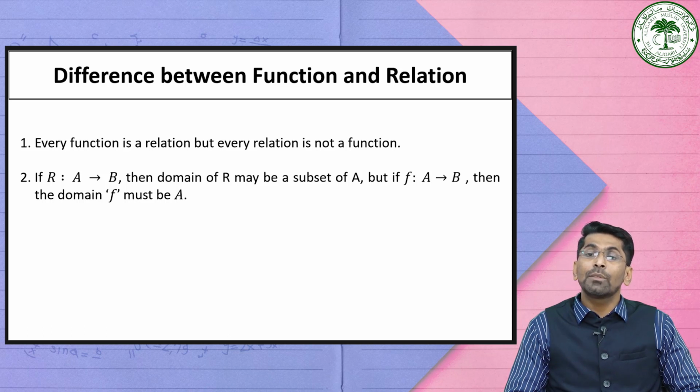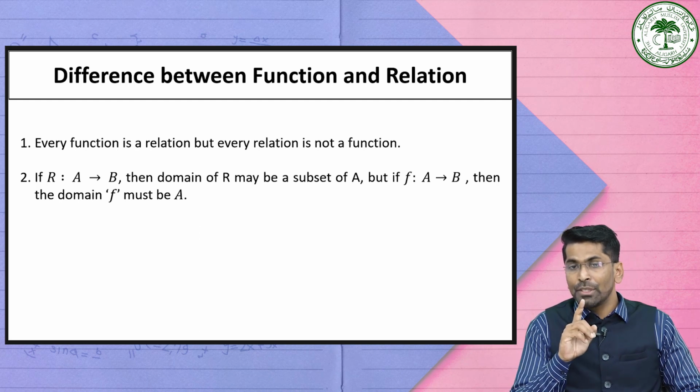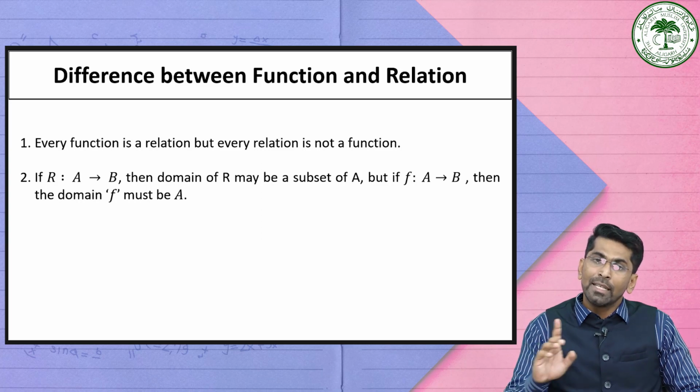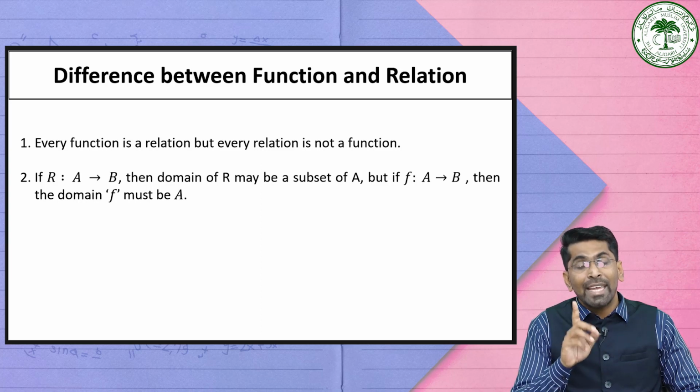Not all the elements of A may be used as an input. In a function, the domain is the set of all possible inputs, and every element of the set A must be associated with an element in set B. So the domain of a function is exactly set A.